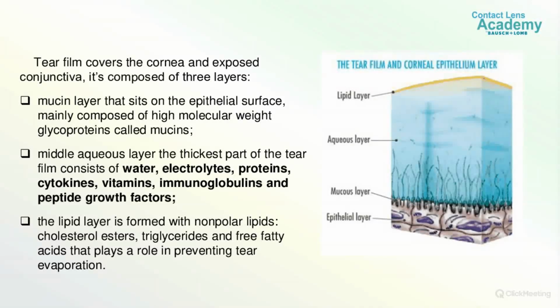The middle and thickest part is the aqueous layer, which consists of water, electrolytes, proteins, cytokines, vitamins, immunoglobulins, and peptide growth factor. And the lipid layer is formed of non-polar lipids like cholesterol esters, triglycerides, and free fatty acids that play a role in preventing tear evaporation.